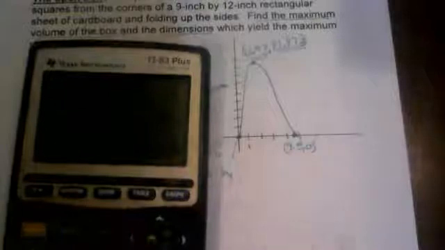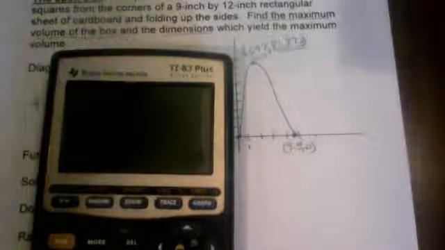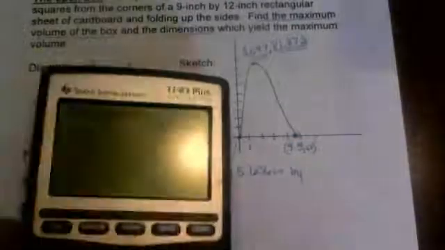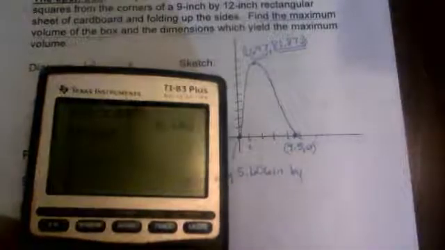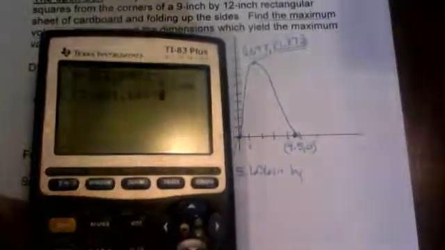width. So we've got 9 minus 2 times 1.697. So 5.606. And the same thing, except with 12. 12 minus 2 times 1.697.